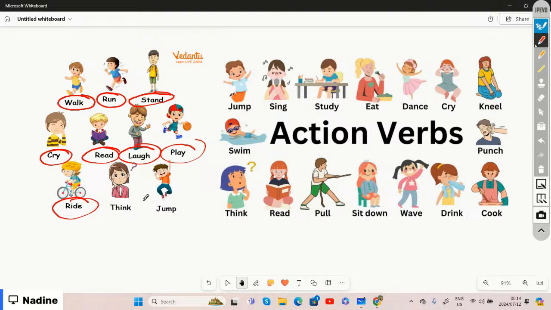Ride is also an action verb. Think and jump, because these are things that you are doing, right? And that is an action verb. It basically tells us what the noun or the subject is doing. It tells us what the person or thing is doing, right?